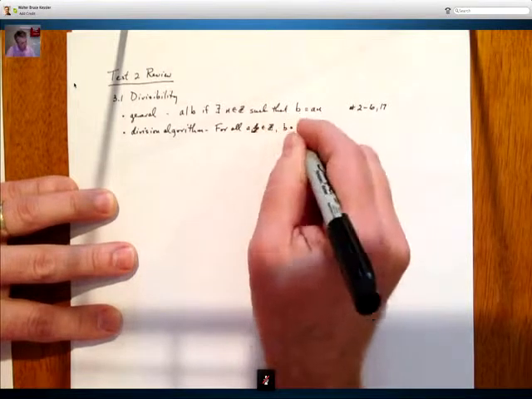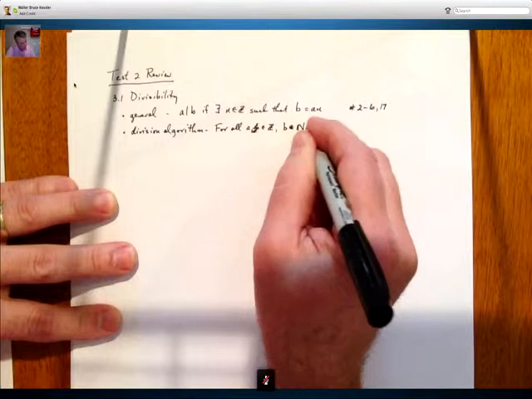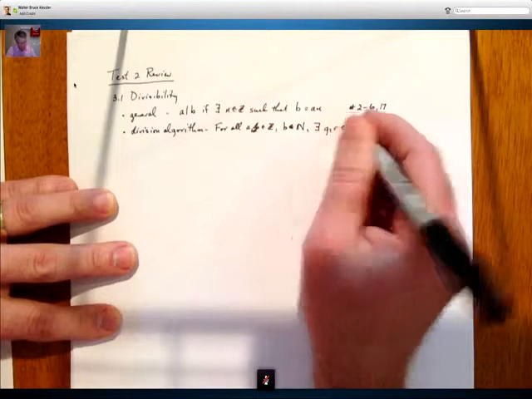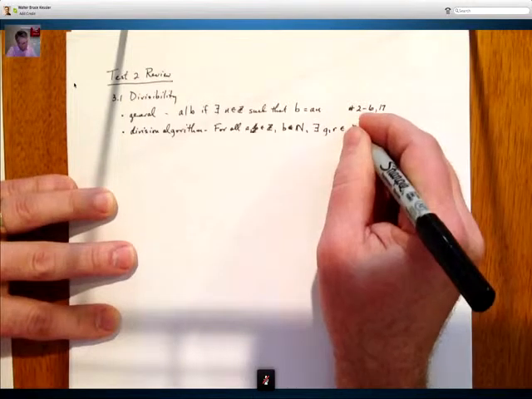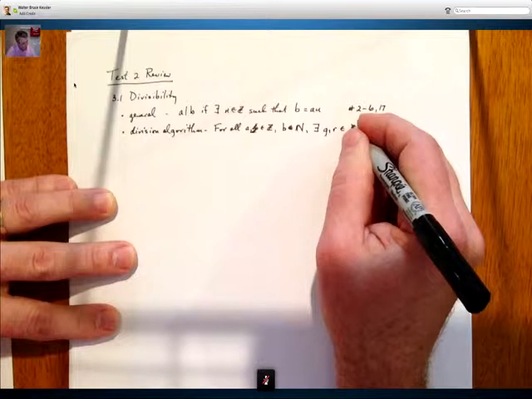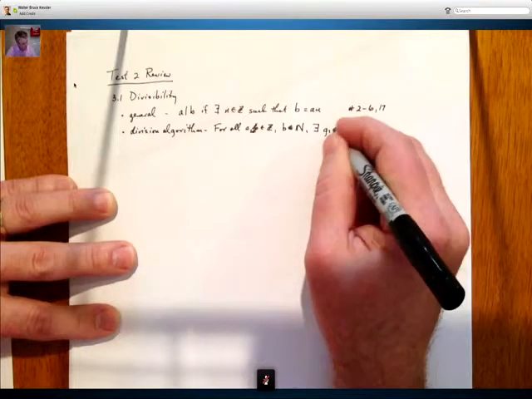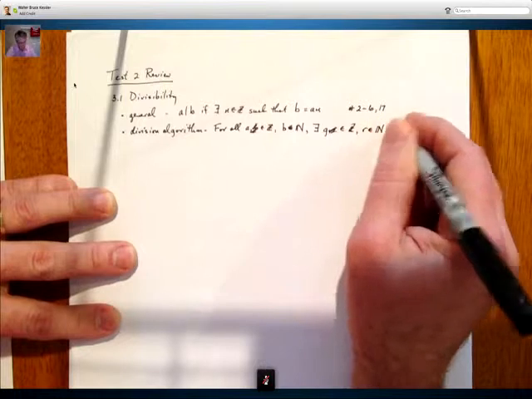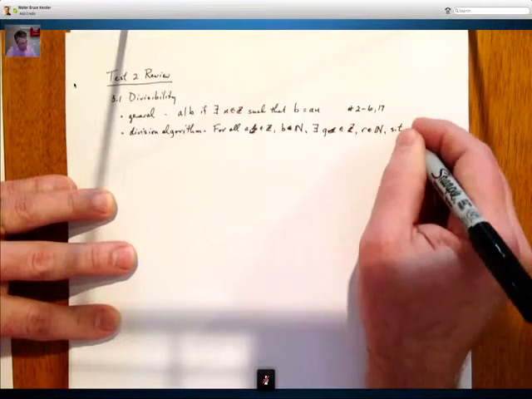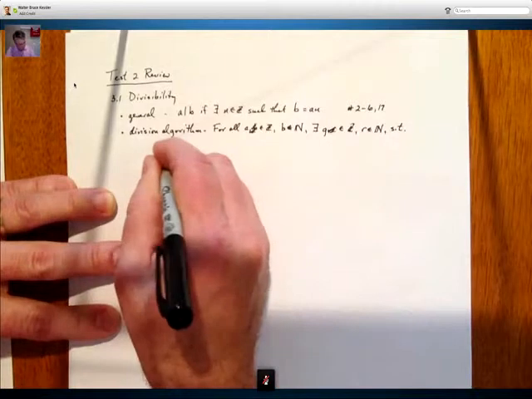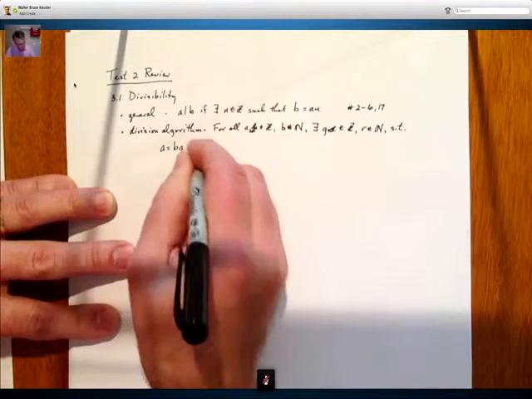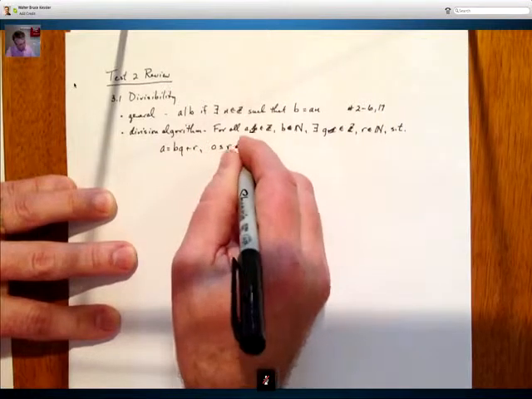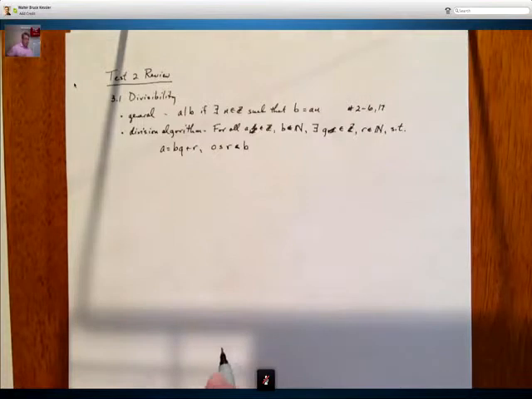A integer, b element of the natural numbers, there exist q and r that are integers, and again I think I want r to be a natural number, such that a equals bq plus r, and r falls between 0 and b.